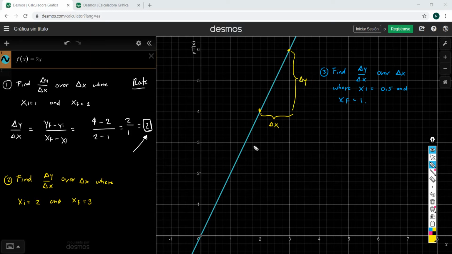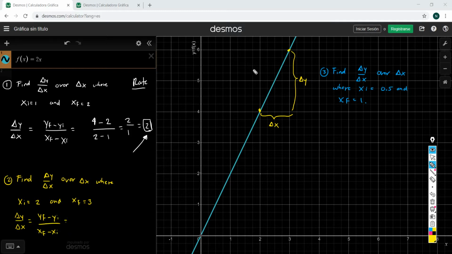I'm not going to draw the lines because I don't want to clutter the diagram. So let's stick to the definition and compute it: yf minus yi over xf minus xi.